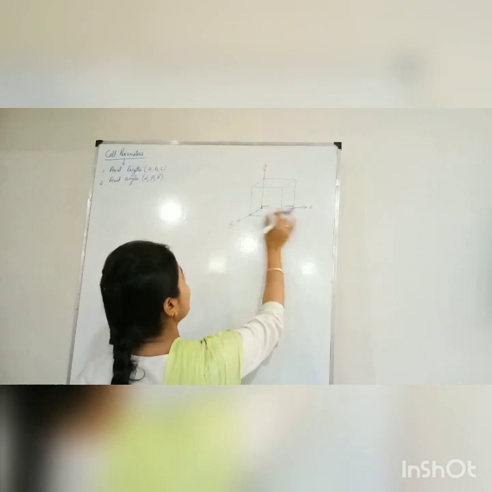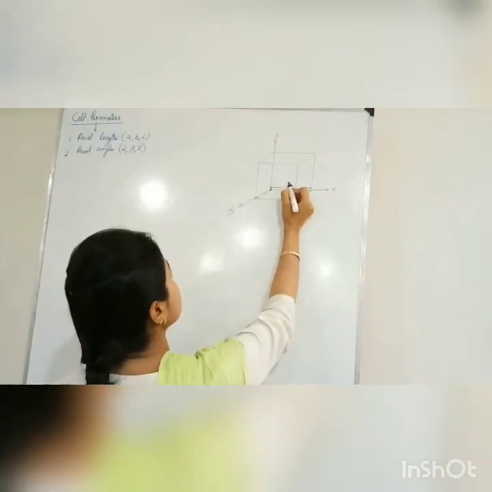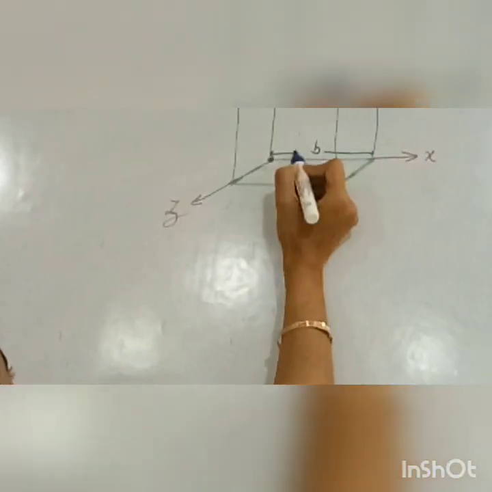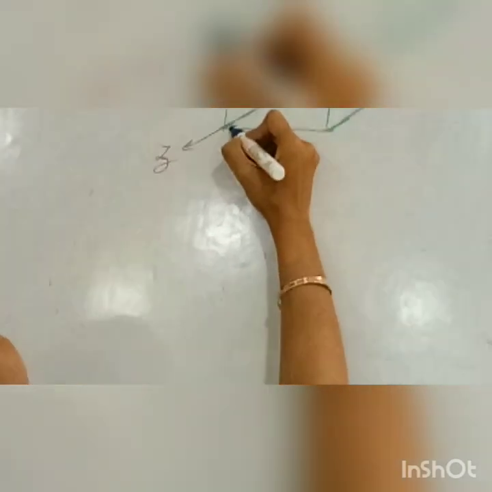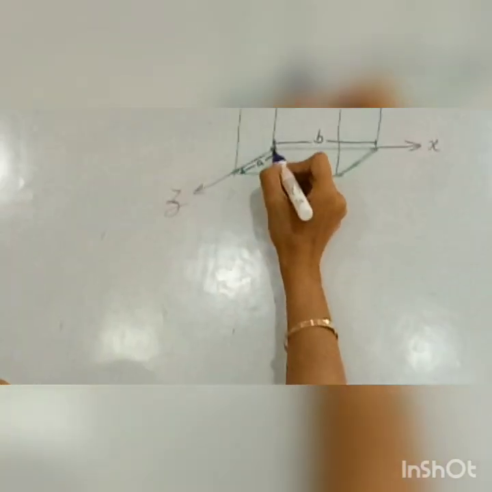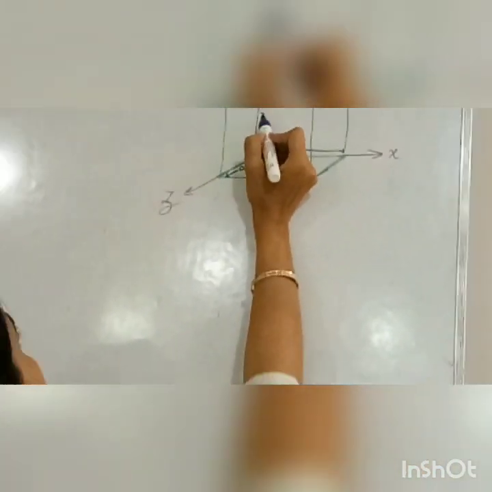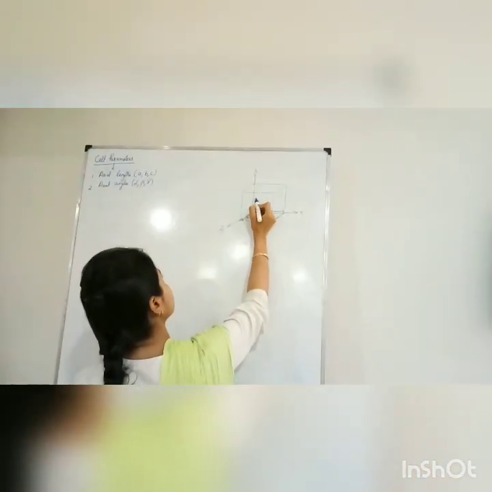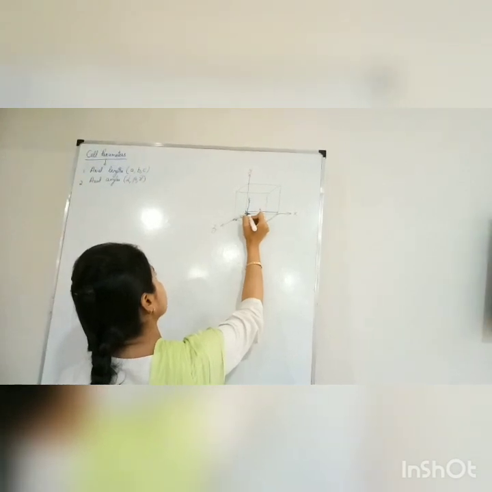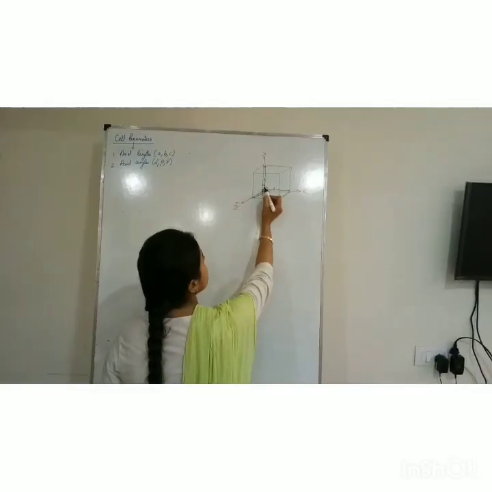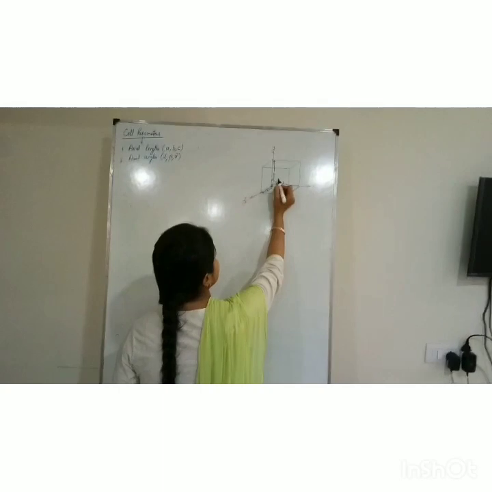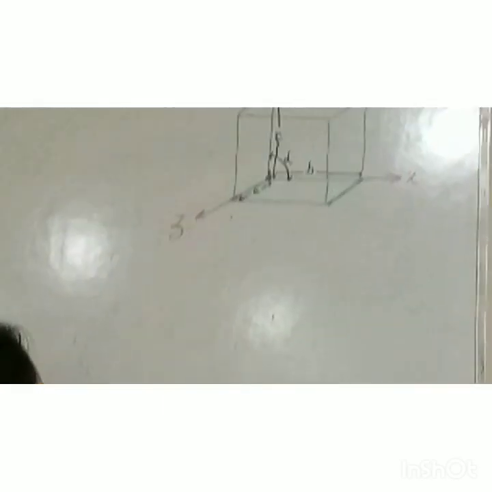Along the x-axis it is represented by B, along the z-axis it is represented by A, and along the y-axis it is represented by C. The angle opposite to A, that is this one, is represented by alpha.